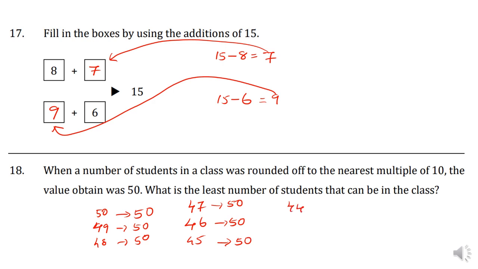If it is 44, we round it to 40. So therefore, you can understand that the least number of students that can be in this class is 45. If it is less than that, it is going to be rounded off to 40. So you got 50 because this should be at least 45 or higher. Right? So let's see the next question.